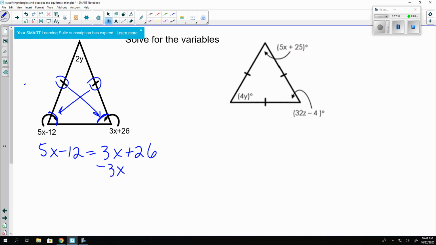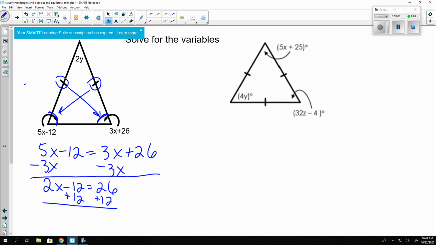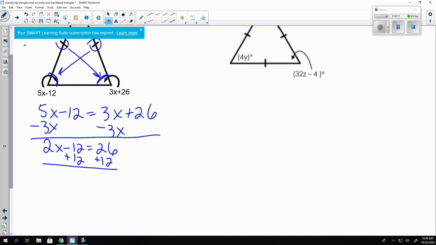Minus 3x, minus 3x. 2x minus 12 equals 26. Add 12. So we get 2x equals 38. Divide by 2. So x is 19.